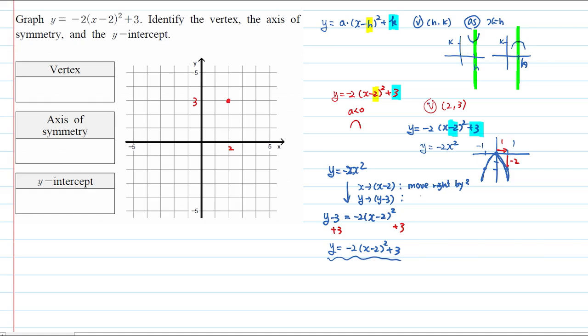Now, instead of y minus 3, this is a move up by 3. So this will be a linear transformation. So that's 0, -2, -2. So the graph will be drawn like this.